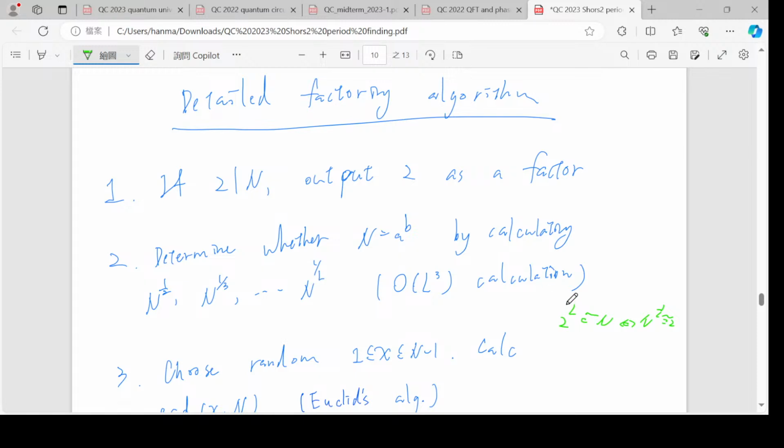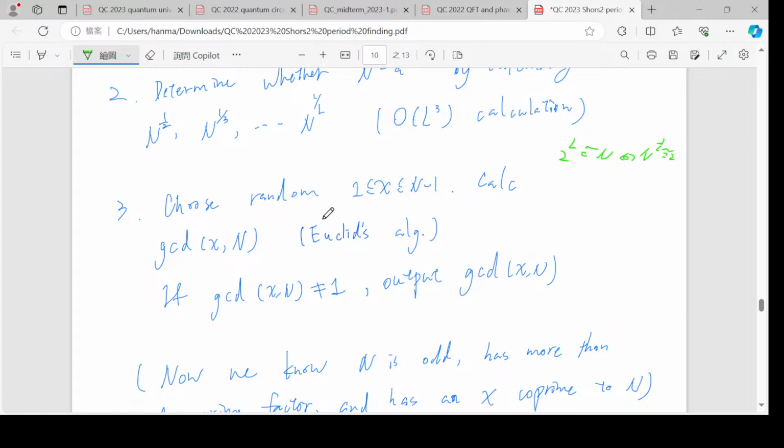So n to the 1 over L is already about 2, so calculating even higher order roots is not necessary.